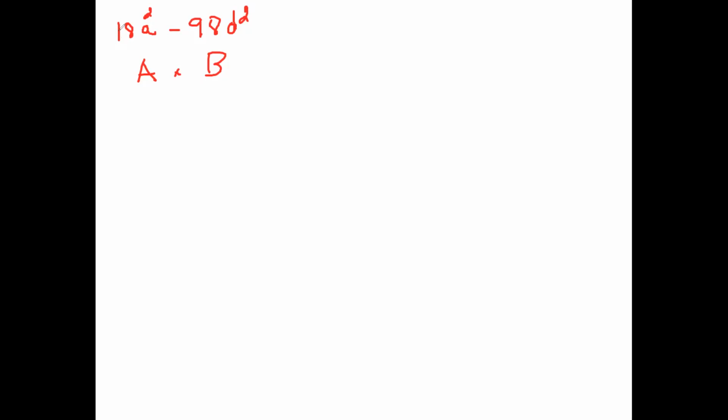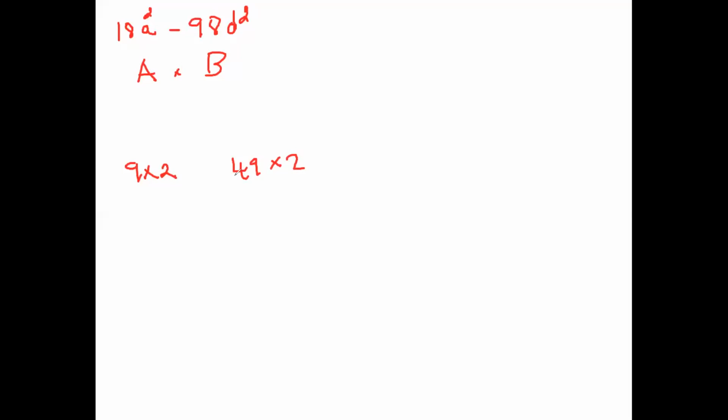If you break it down, 18 is what? 9 times 2? And what's 98? If you break it down into two numbers that multiply to 98, that would be? 49 times 2. Very good.